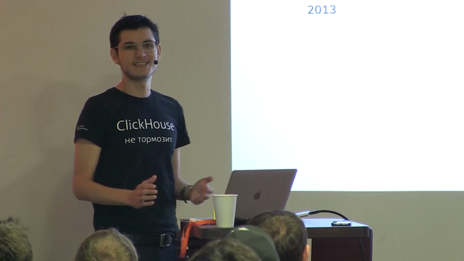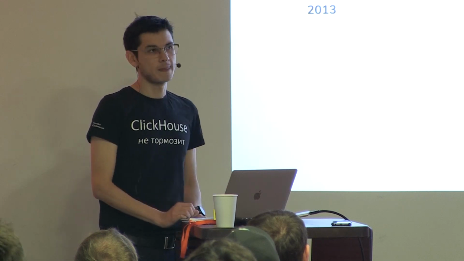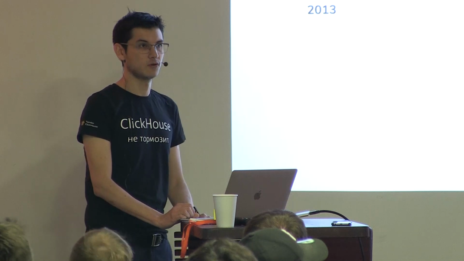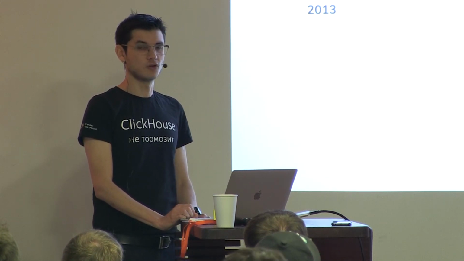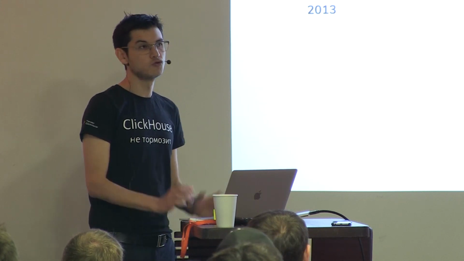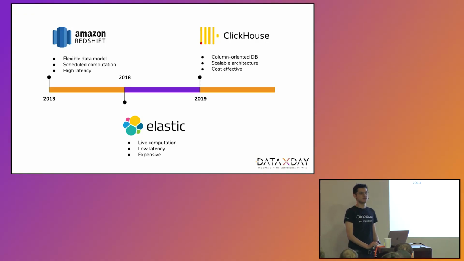So around 2016, we decided to change the old data architecture and to move towards an architecture that was centered around Elasticsearch. So this allowed us to perform live computation with usually subsecond queries. But the catch was that this data architecture is very expensive. So we're talking about hundreds of servers.